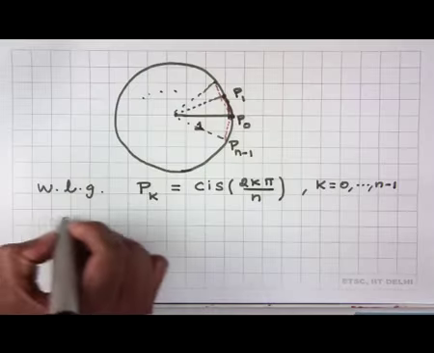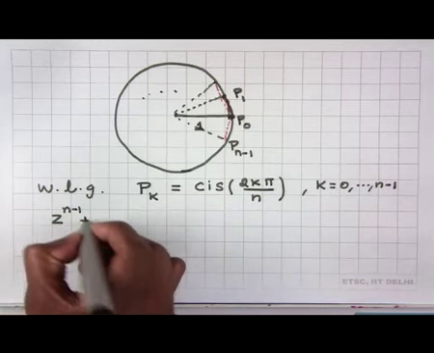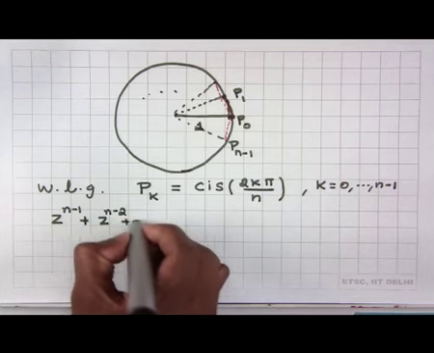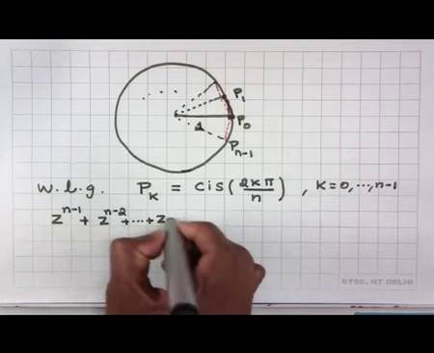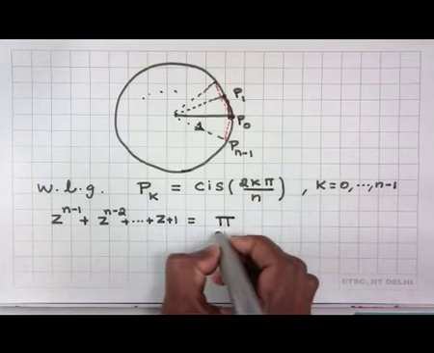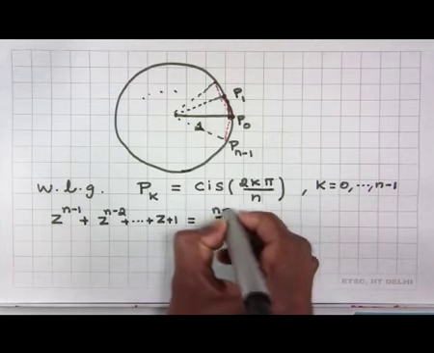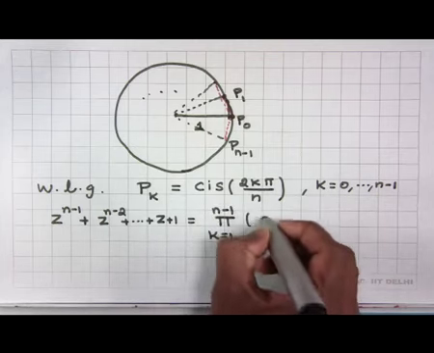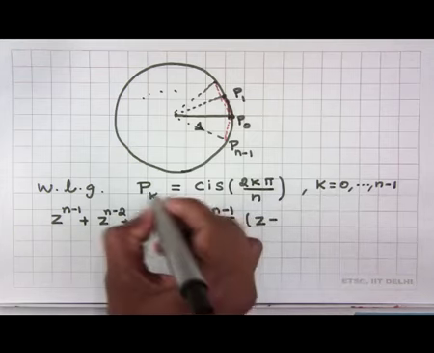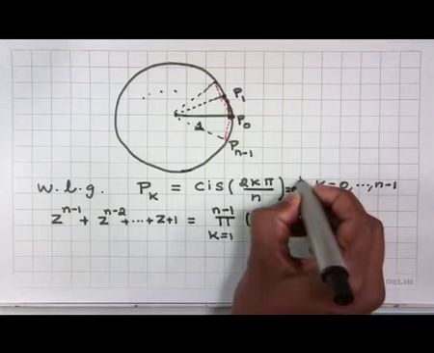What we have is z to the power n minus 1 plus z to the power n minus 2 plus ... plus z plus 1. This is written as a product, as we have seen, factorized by its roots. The roots are pk, or our usual notation alpha power k.